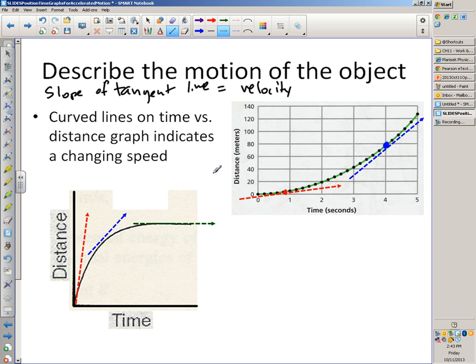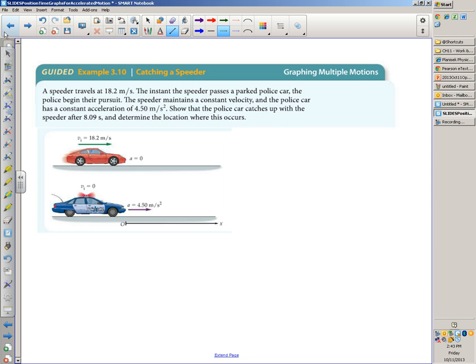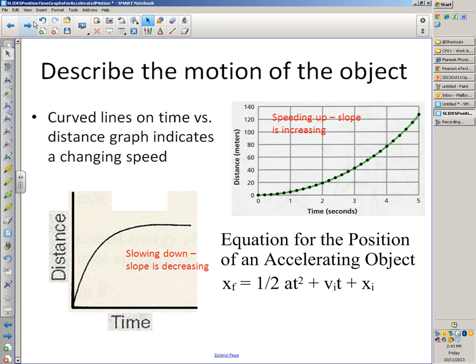Here, let's do this. What we find out is this equation right here is another equation that tells us where an object is. It still tells us the final position.